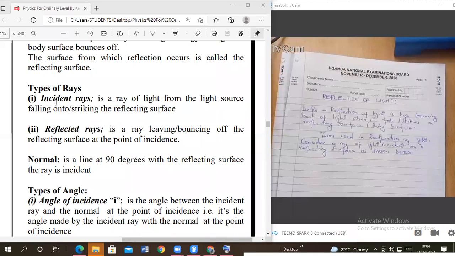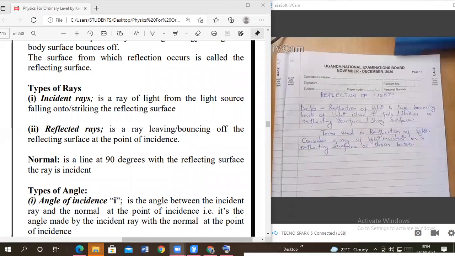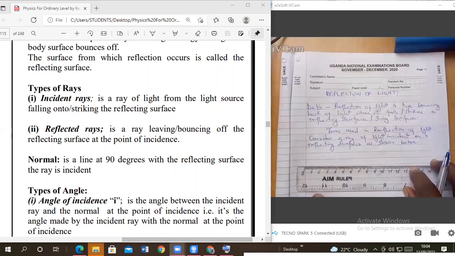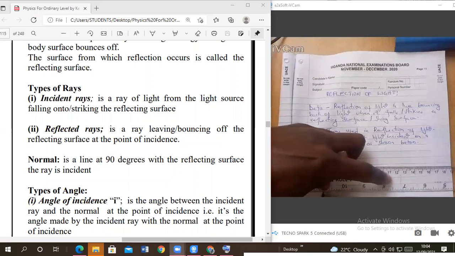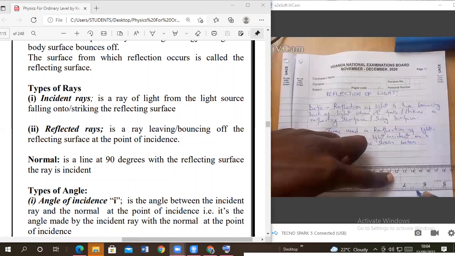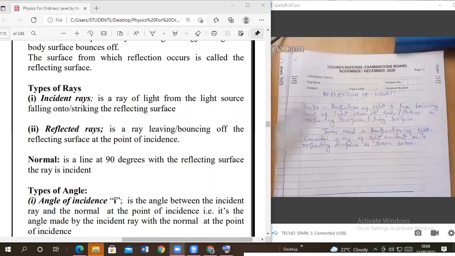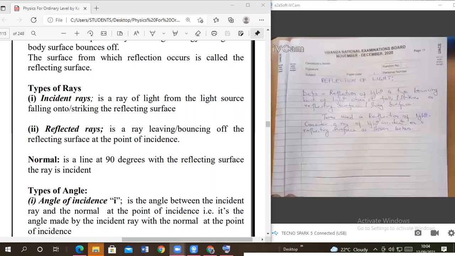Consider a ray of light incident on a reflecting surface. So let's draw a ray. Let's draw this, please.